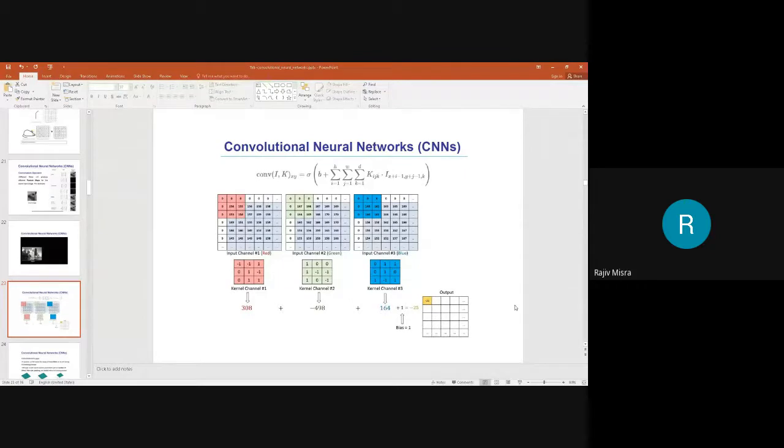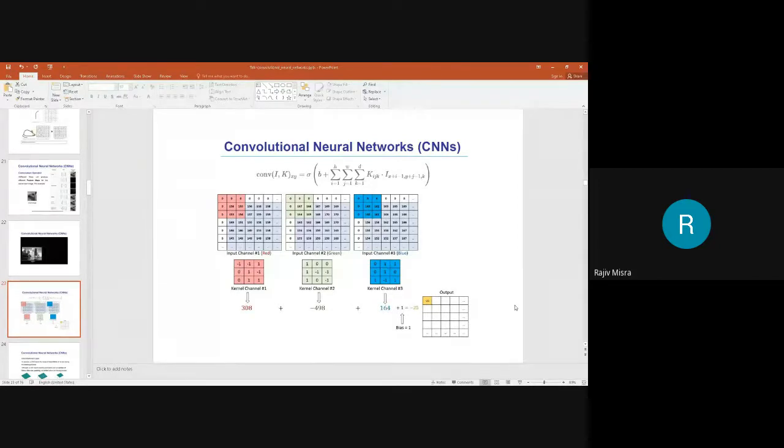The image given as the input is a colored image, formed out of red, green, and blue, and the size of this image is 5 by 5.